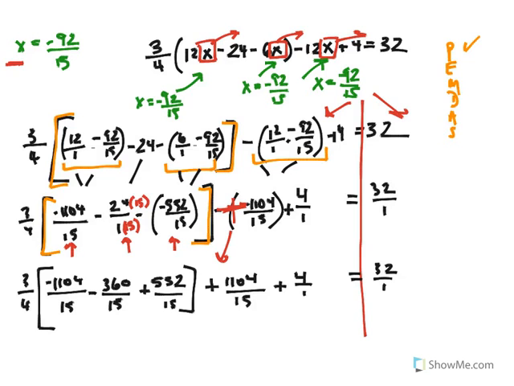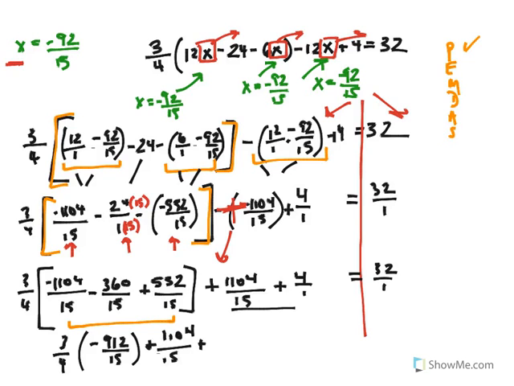So I need to subtract these two here, and then I need to add, and I get 3 over 4 times negative 912 over 15 plus 1004, I'm just copying this part now, 1004 over 15 plus 4 over 1 equals 32 over 1.